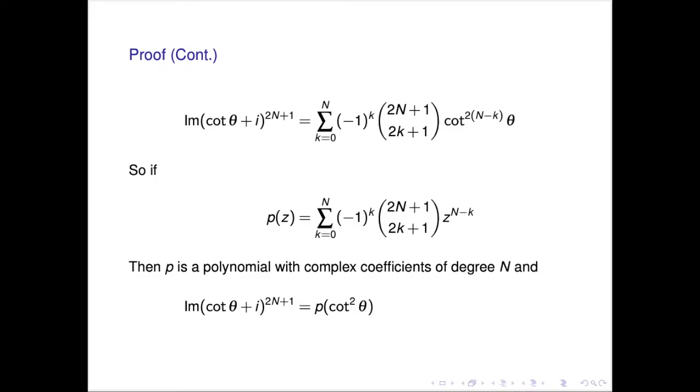So in place of z, we substitute cot²θ and get an expression for the imaginary part of (cot θ + i)^(2n+1).